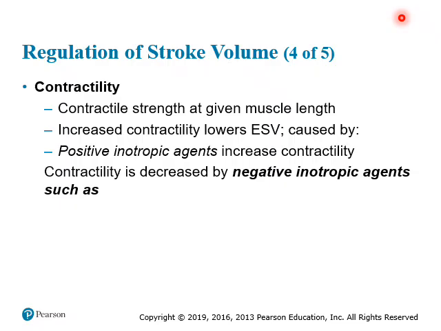Positive inotropic agents increase contractility, for example thyroxine, glucagon, epinephrine, digitalis, and high extracellular calcium. Contractility is decreased by negative inotropic agents such as excess hydrogen ion, increased extracellular potassium, and calcium channel blockers.